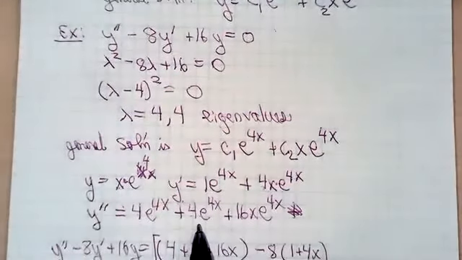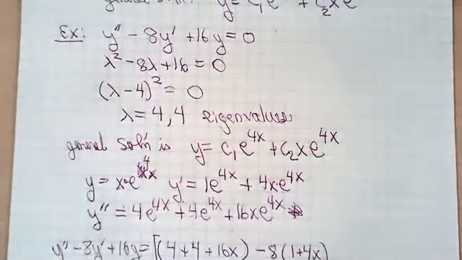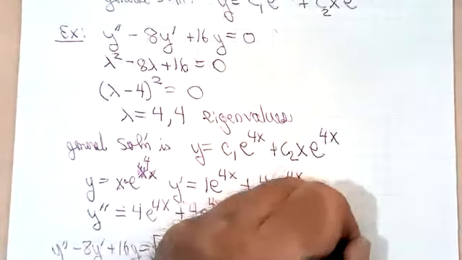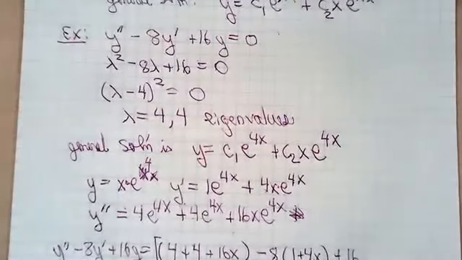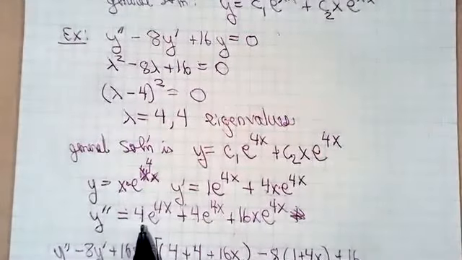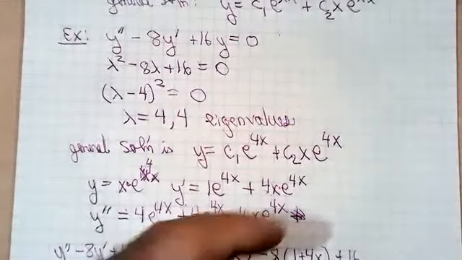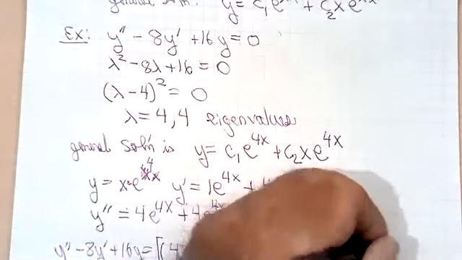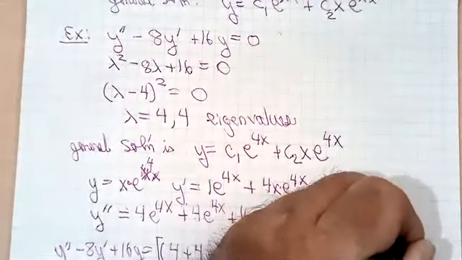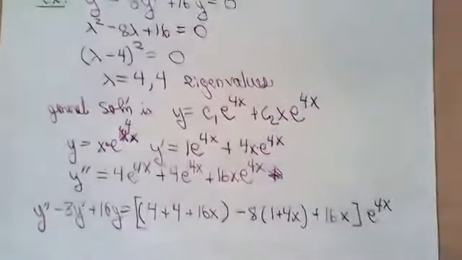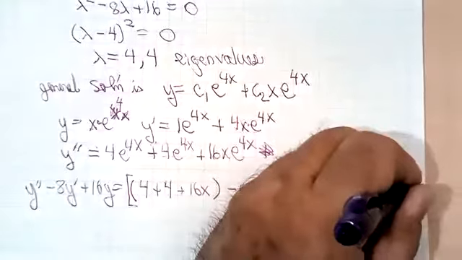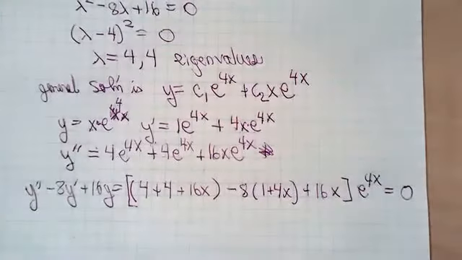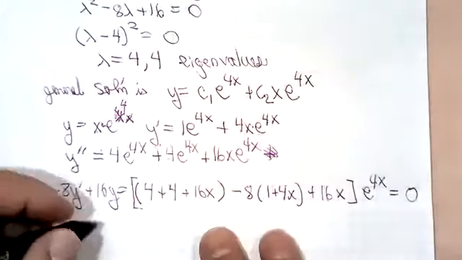And plus 16 times x e to the 4x. And we'll just write e to the 4x off to the side, factored out, and you set that equal to 0. Okay, so what do we have here?